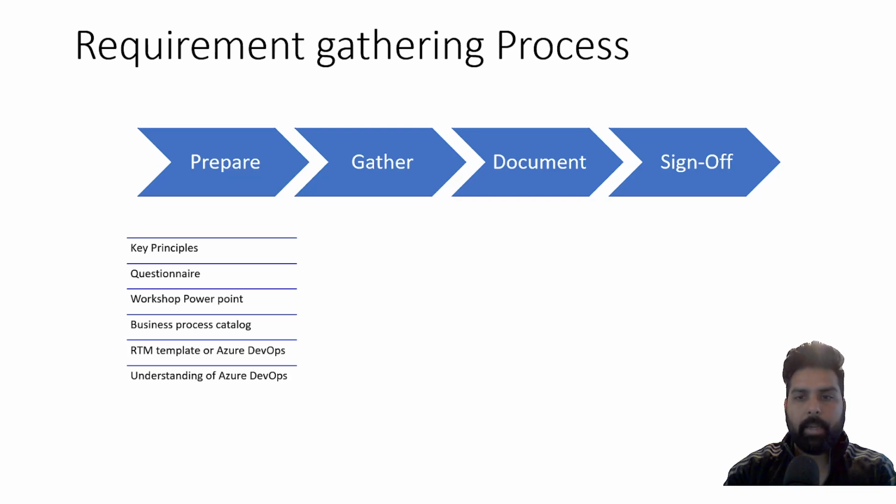RTM is the requirement traceability matrix: once you gather your requirement, how you are going to document them, and what are the key fields you are going to capture out of your sessions. And then we have also spoken about the basics of Azure DevOps as a functional consultant. You need to understand what Azure DevOps is for a functional consultant. We have spoken about all these things, and if you have not watched them, I'll put the link in the description. Go and watch them.